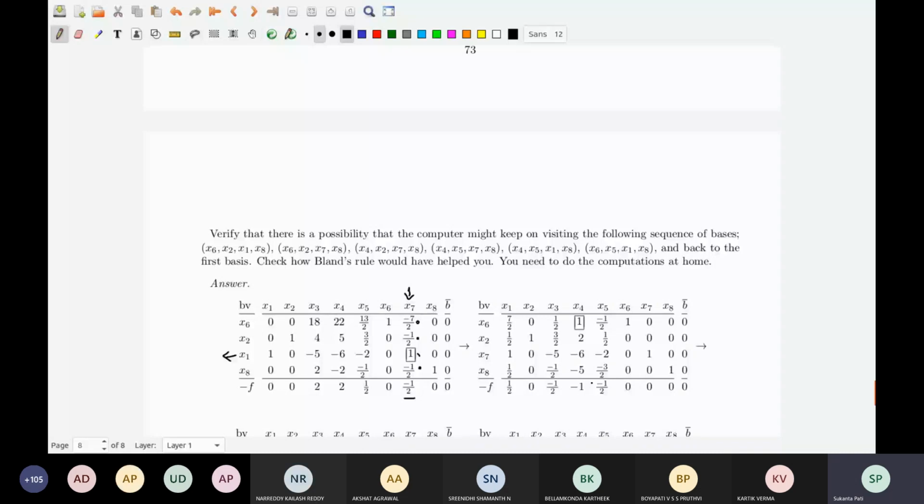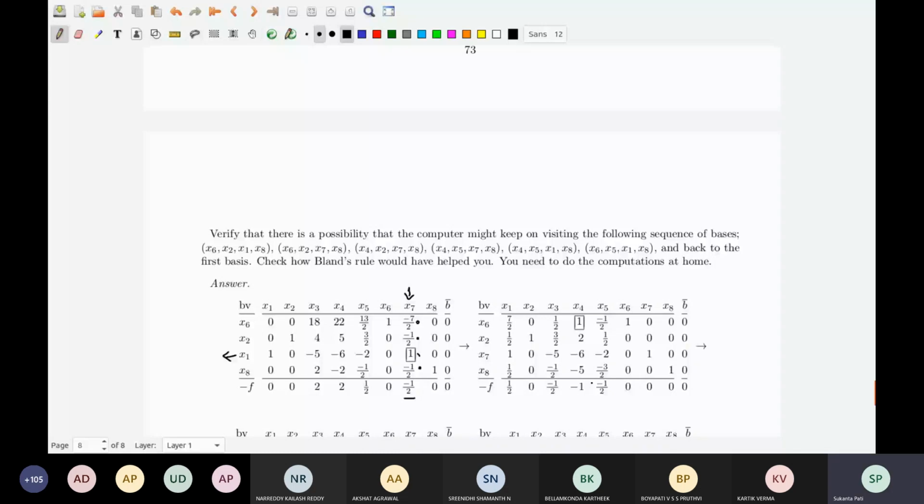But that is not true. I will give you many counterexamples later. But going by that greedy spirit, I selected this -1, whereas Bland's rule says you should select x3, because that is the variable with the smallest subscript available to enter.